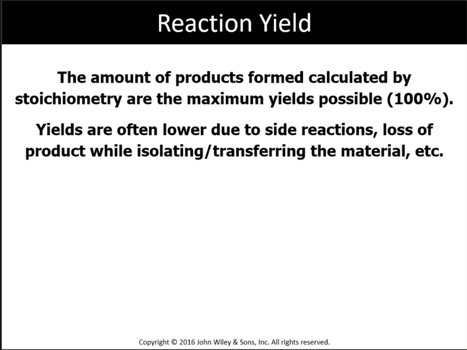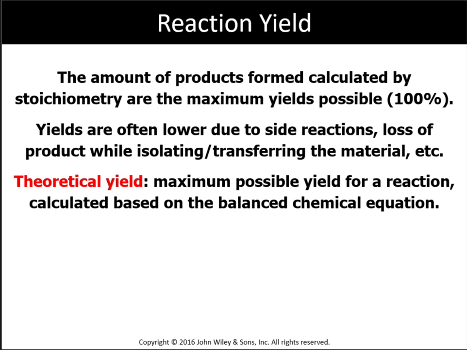So you either modify the experimental procedure or you find a completely different route to synthesize your product in a way that the percent yield is higher. We're aiming for 100%, but oftentimes it's not possible, so you want your percent yield to be as close to 100% as possible.